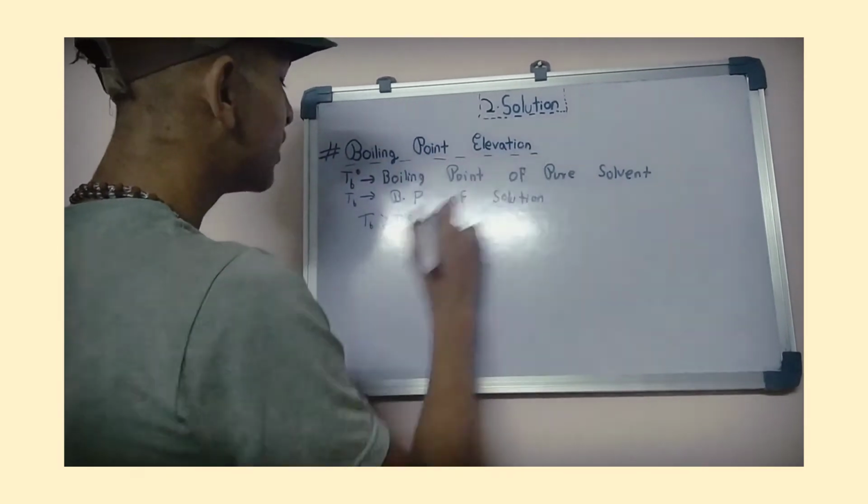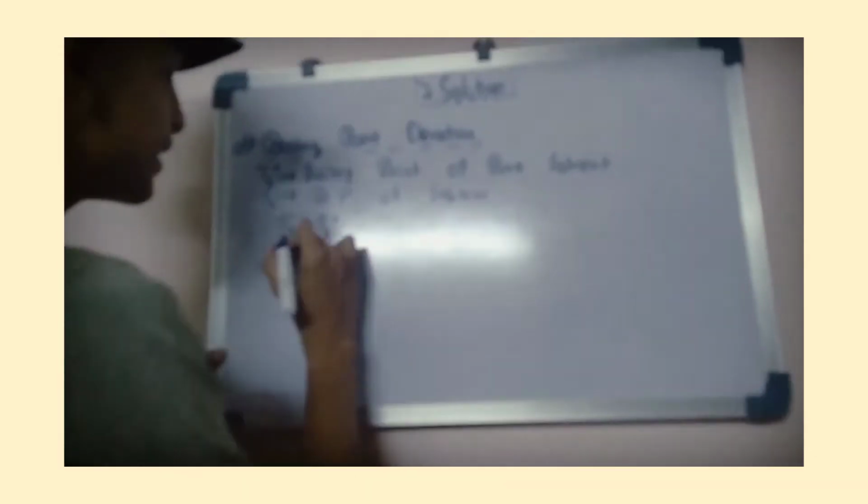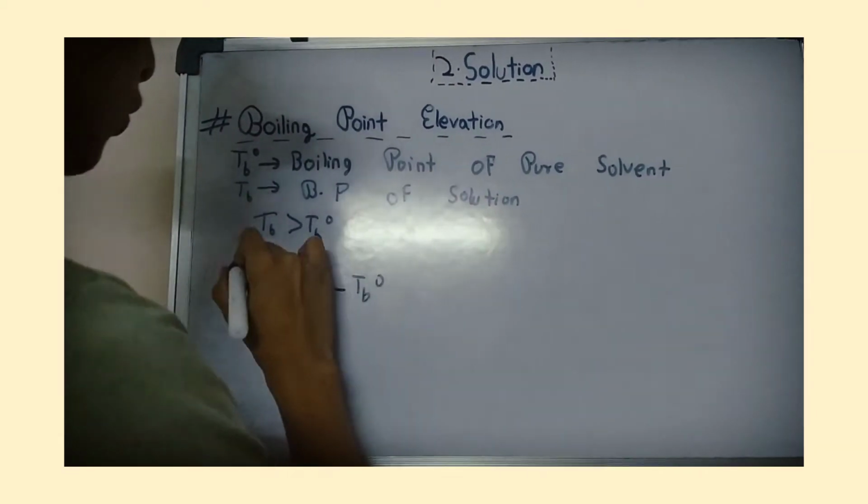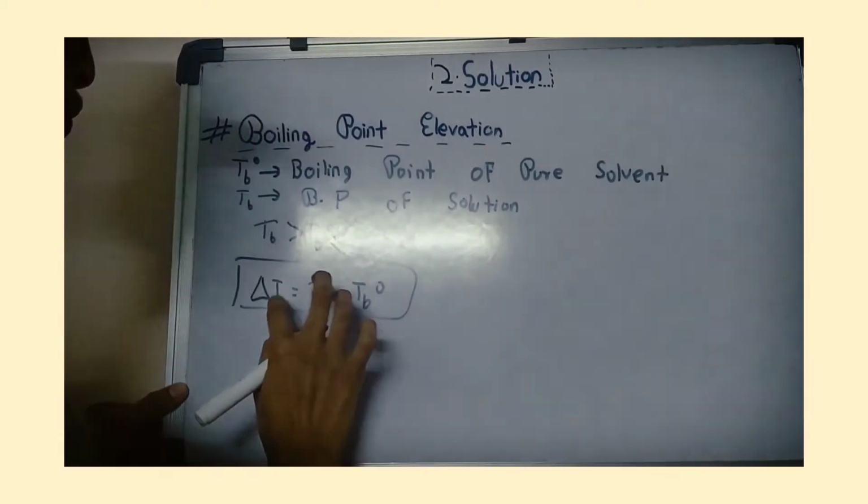So what is the boiling point elevation? It is the difference between TB minus TB naught.